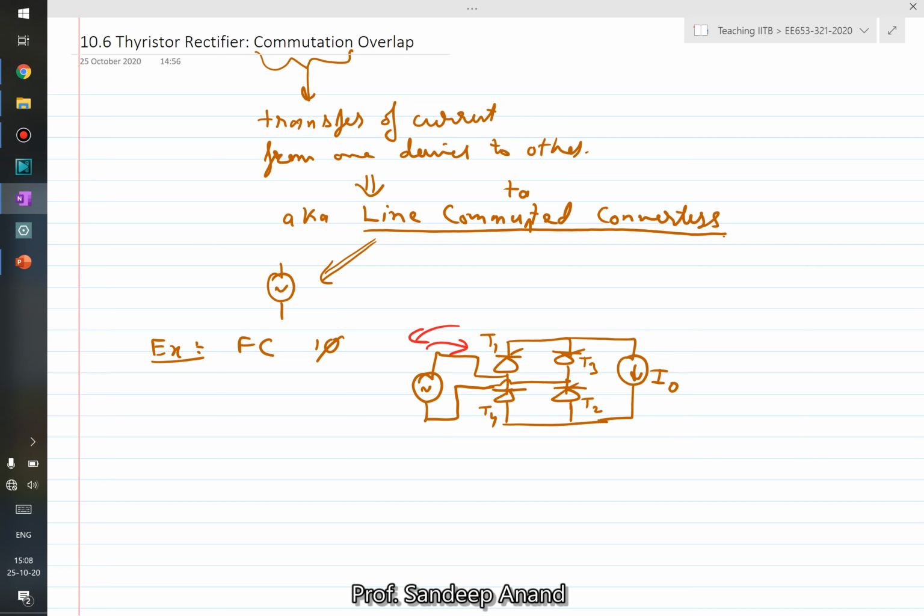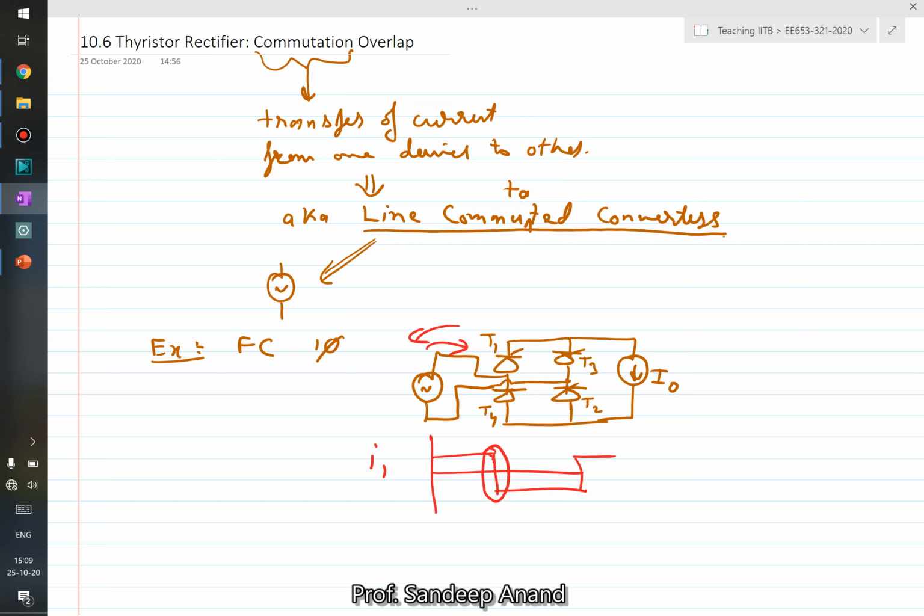So if you see the input current, if we have drawn this also, input current could be like a square wave kind of thing, right? Depending on which devices are conducting and so on. So it could have a sudden change in the input current. The output current remains constant, but the input current, as we have drawn till now, we have drawn a steep change, right? Depending on when T1, T2 transitions to T3, T4.